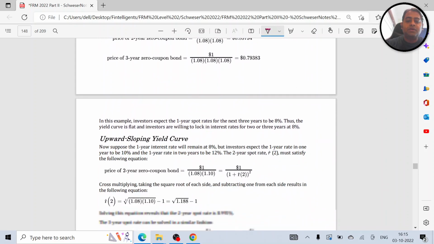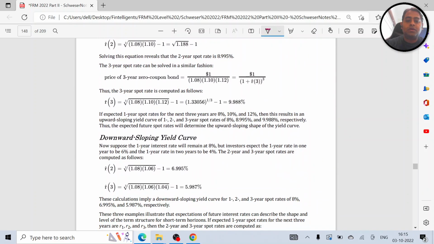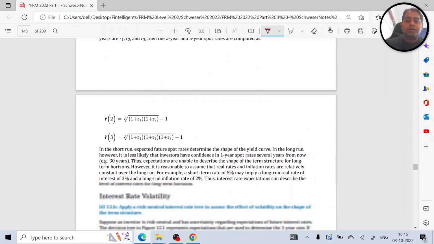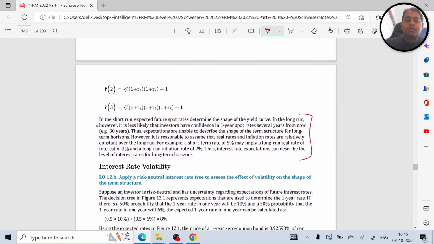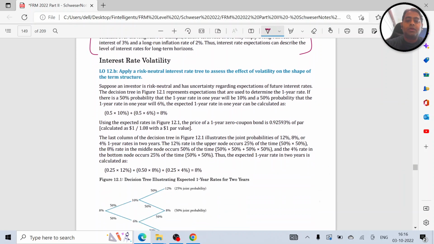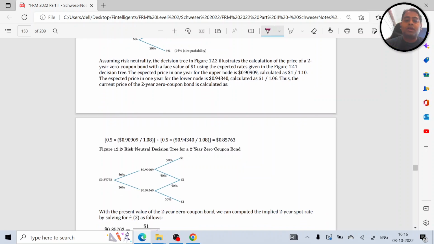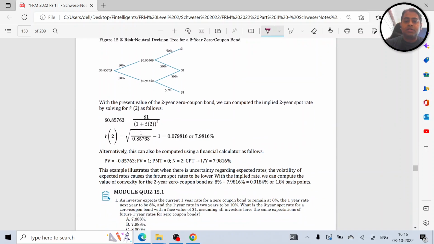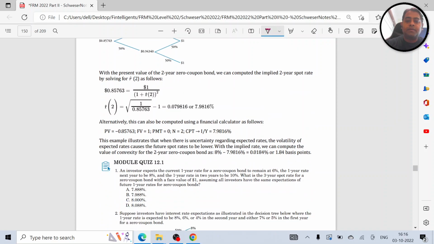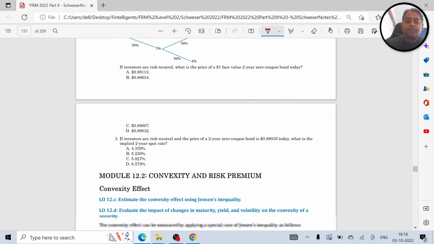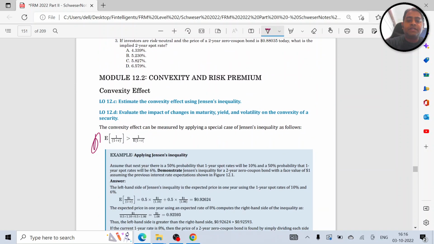Flat yield curve is okay. Upward sloping yield curve is okay. Downward sloping is okay. You should read this section. Interest rate volatility. Over here, the main part is the core crux of this discussion, the entire calculation that they are trying to highlight. The convexity effect is very, very important.